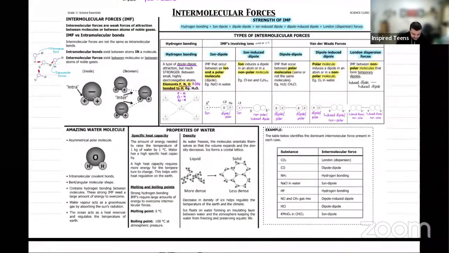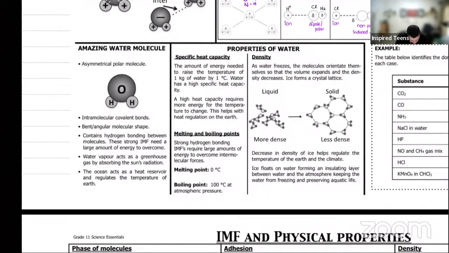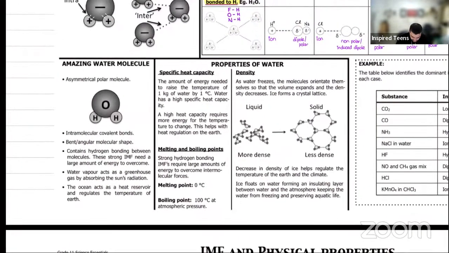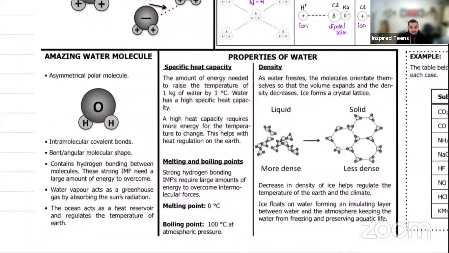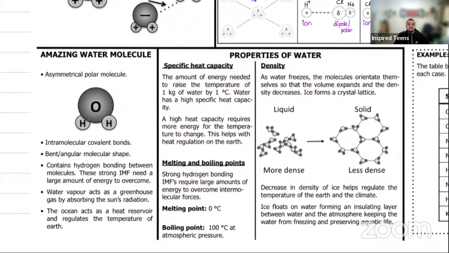Let's just discuss a few other things. The amazing water molecule: an asymmetrical polar molecule, intramolecular covalent bonds, bent or angular molecular shape, contains hydrogen bonding between molecules. These strong intermolecular forces need a large amount of energy to overcome.